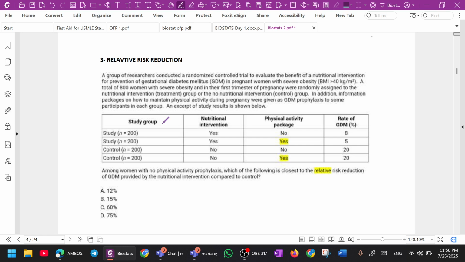Among women with physical activity prophylaxis, which of the following is the closest relative risk reduction of GDM provided by the nutritional intervention compared to the control?